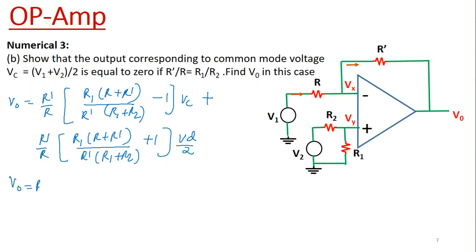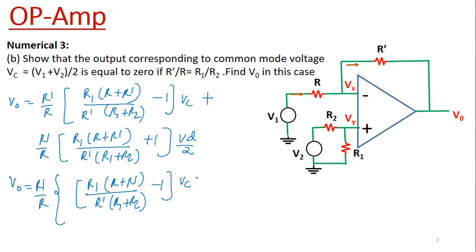We get V0 is equal to R dash by R, then R1 into R plus R dash divided by R dash into R1 plus R2 minus 1, Vc, plus R1 into R plus R dash divided by R dash into R1 plus R2, then plus 1, Vd by 2.